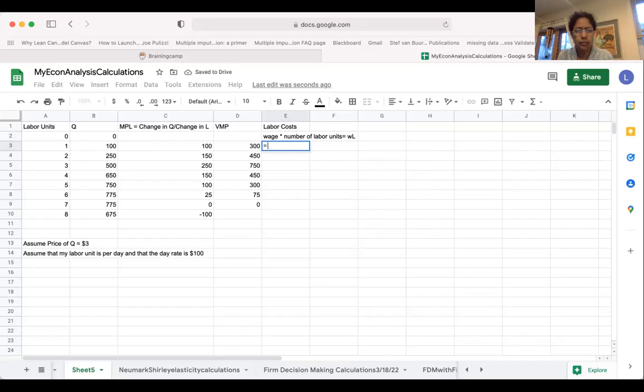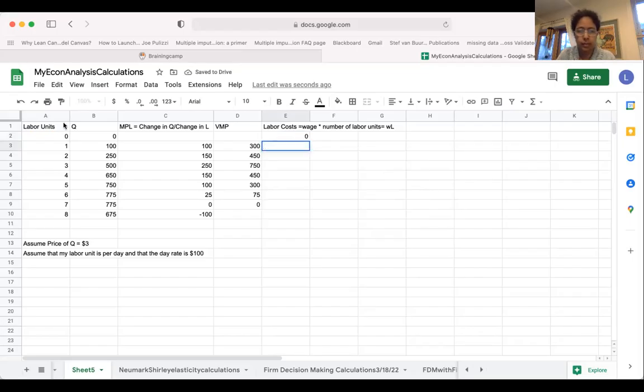And so if I don't have any, let me actually put this up here in my labor costs. So what is my units of labor? It's 0 times the rate, 100.